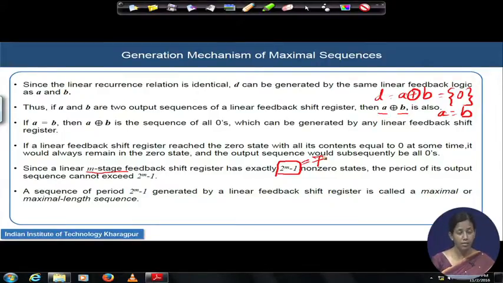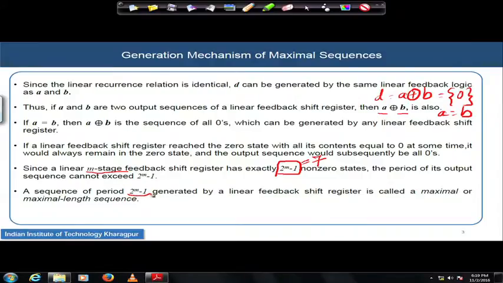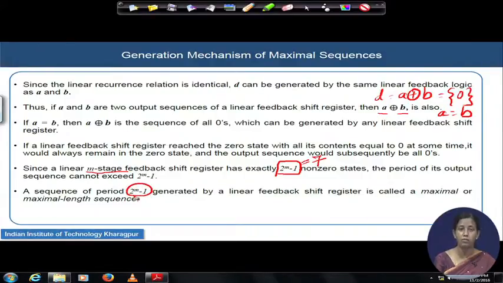And if for a typical architecture the period is always equal to 2 to the power m minus 1, then we call the generated sequence a maximum length sequence. I am repeating, the feedback shift register architecture can give you less than or equal to 2 to the power m minus 1 non-zero states.